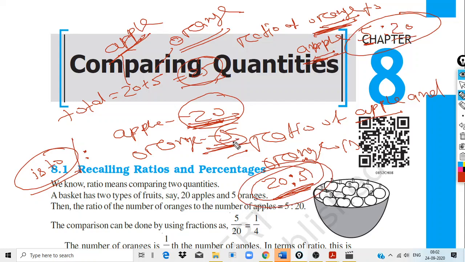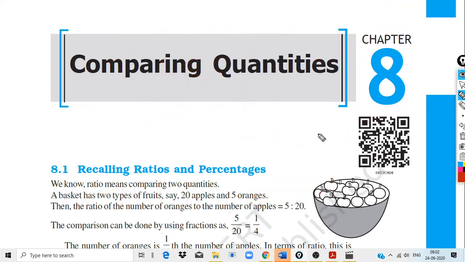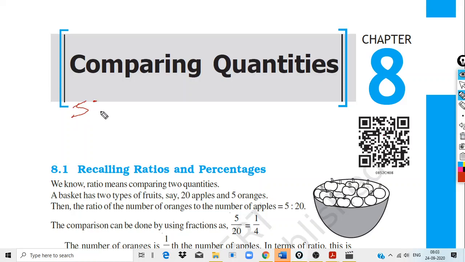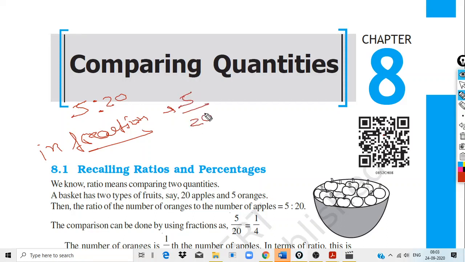Okay, so this is about ratio, and you know that we are also able to write ratios in terms of fractions. So how do we write a ratio in terms of a fraction? Suppose the ratio is 5 is to 20. In fraction, it is 5 upon 20.